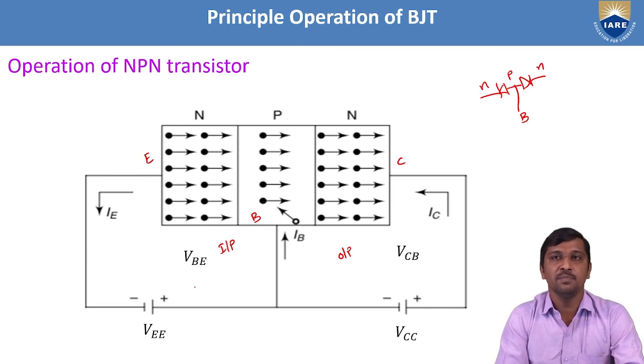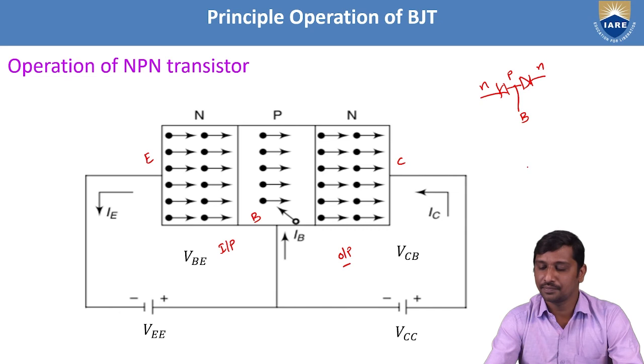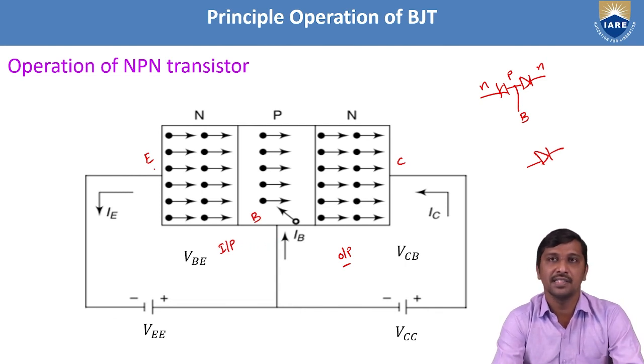So on the input side we need a low resistance circuit, and on the output side a high resistance circuit. How do we do this? Based on the construction, we have two PN junctions: one is formed by the emitter and base, and the other by the collector and base.